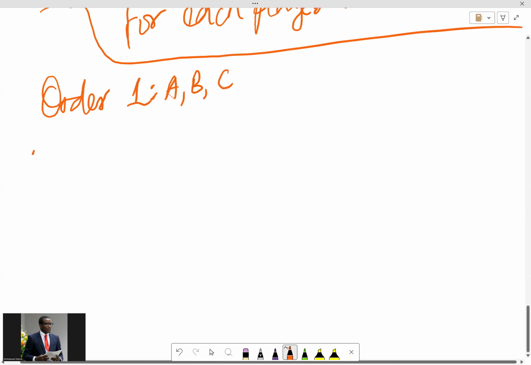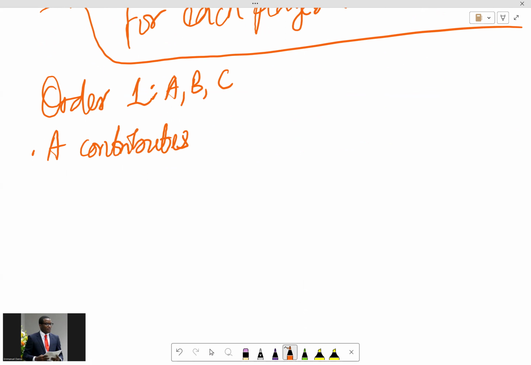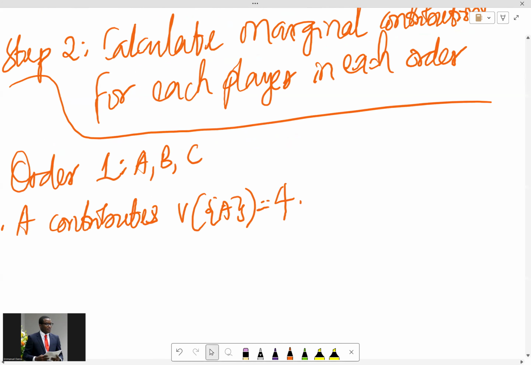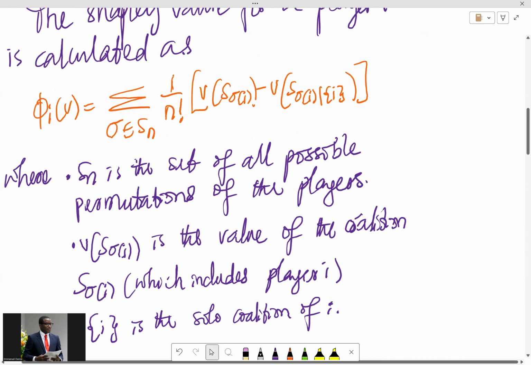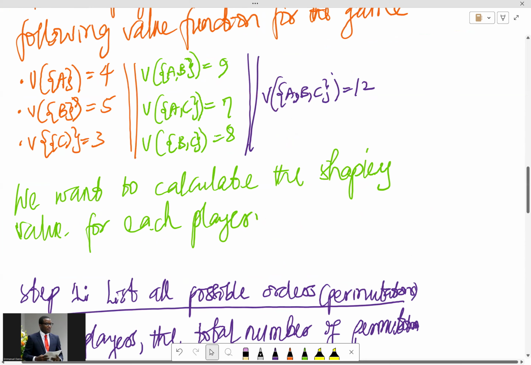All right. So here we say A, who is the first person to join the coalition, to start the coalition, actually contributes 4, which we had in the beginning. So A contributes 4, as we have here. Okay.